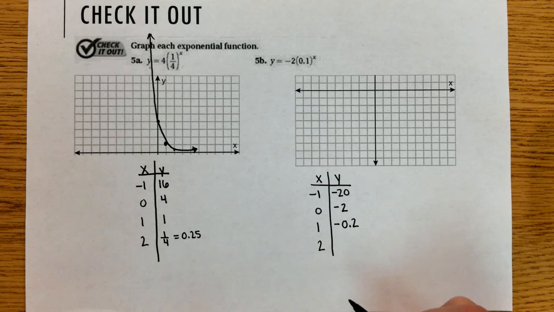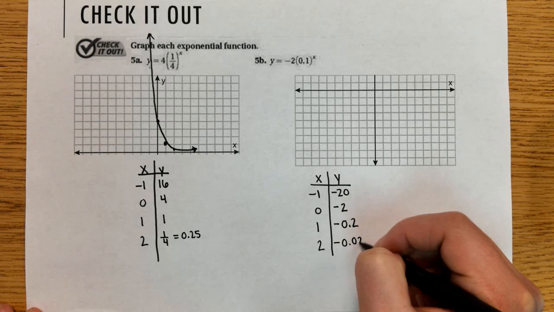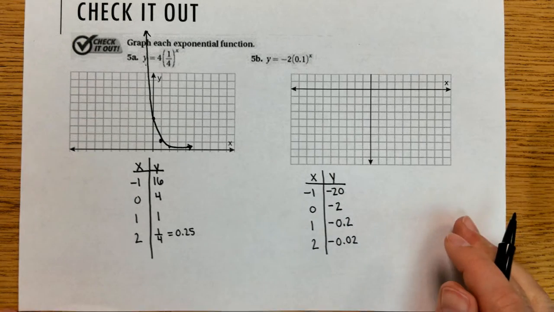And then substituting in 2, 0.1 to the second power is going to be 0.01 times negative 2 will give you negative 0.02. So you see that it gets pretty small pretty quick.